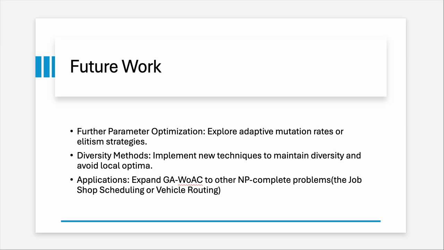Techniques such as crowding, speciation, or diversity preserving selection schemes could help prevent the algorithm from converging prematurely on local optima, especially when dealing with large complex problem spaces.